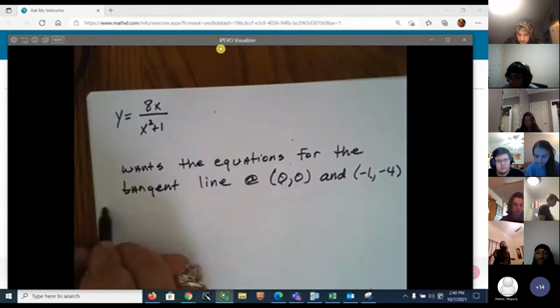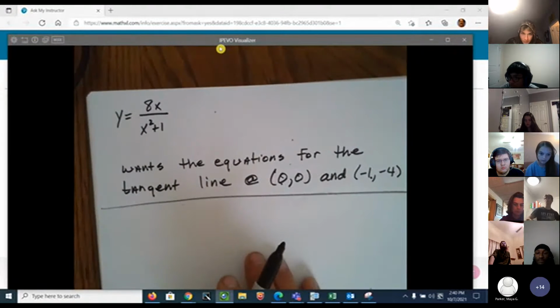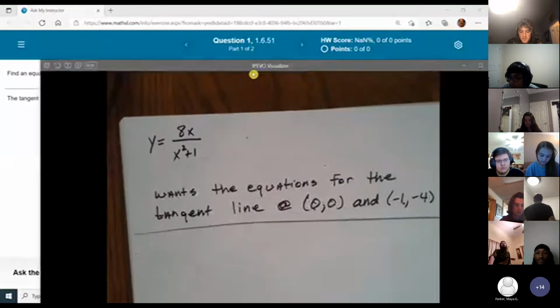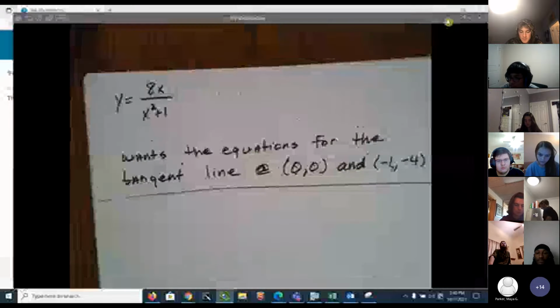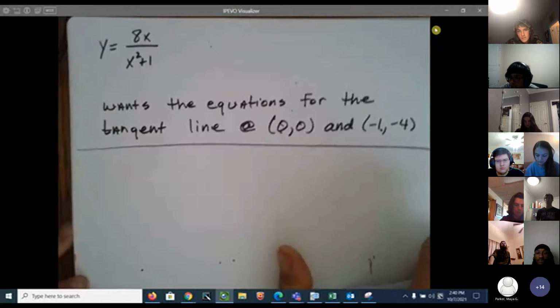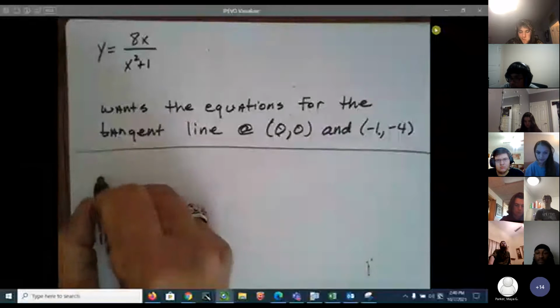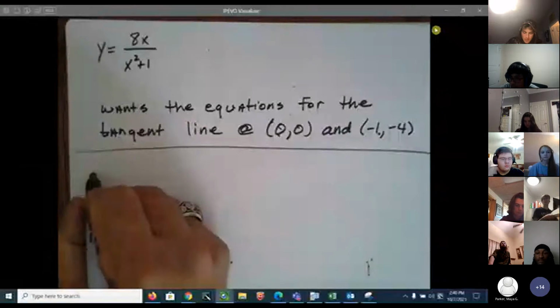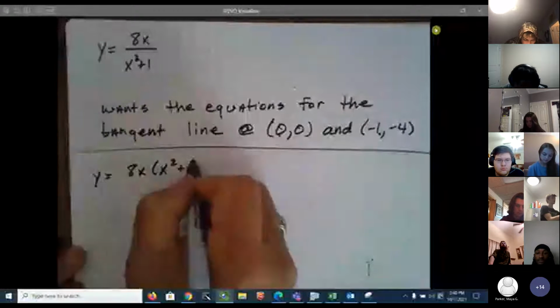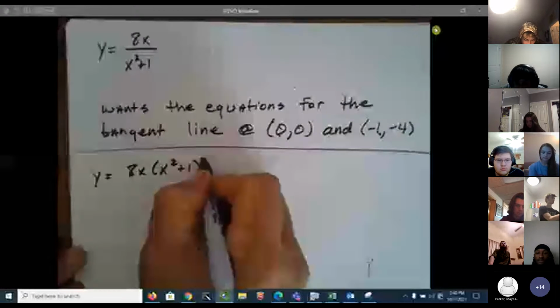So the first thing you've got to do is find the derivative. We did the derivative correctly, so let's redo it. You can do it with the quotient rule or the product rule. I really don't care. Here we go. y is equal to 8x times (x squared plus 1) to the -1 power.